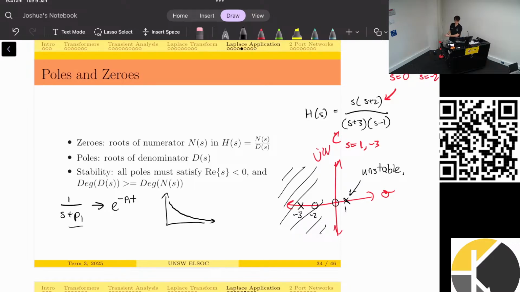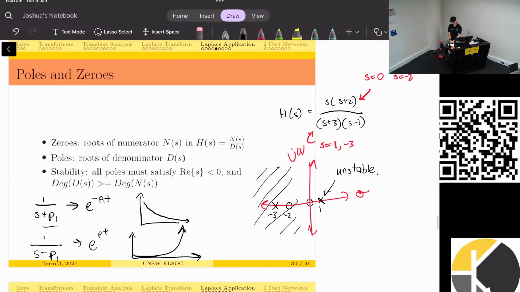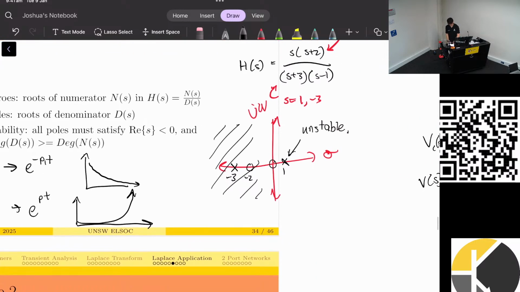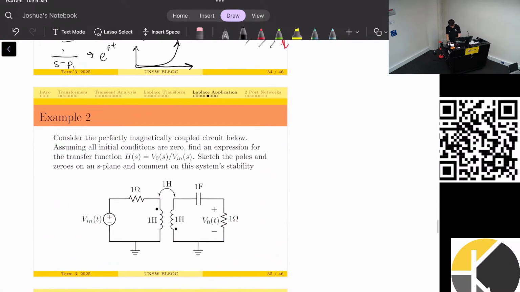It approaches a final value. But if our pole is negative, then we're going to have a positive exponential, which will increase up to infinity. So that's the idea behind stable, unstable. If we have a pole on the right side, then we have a positive exponential and we have growth up to infinity.